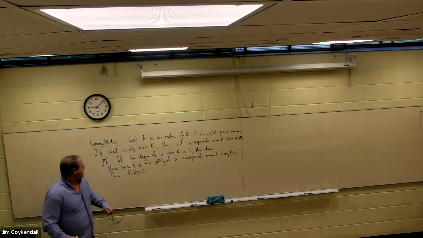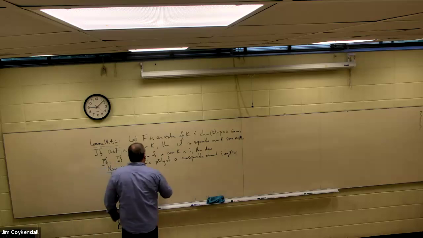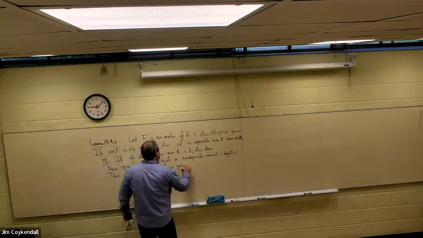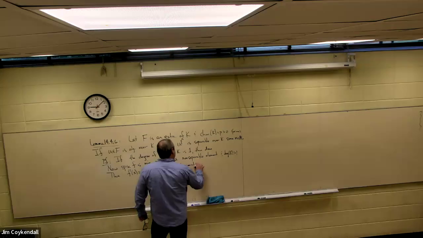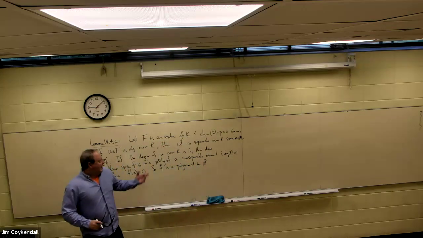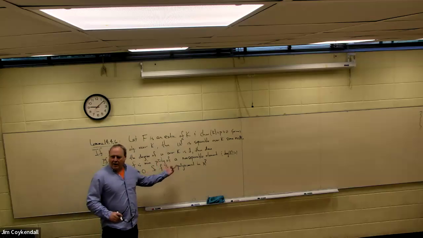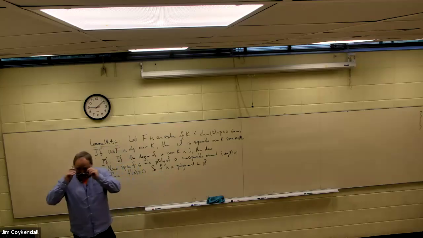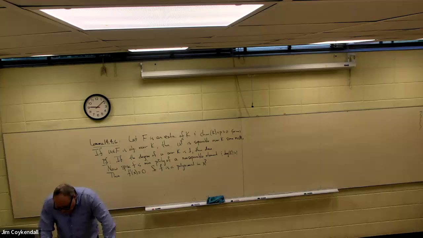Agreed? So as we discussed before, f is a polynomial in x to the p. That is, every term in the polynomial that has a non-zero coefficient has an exponent that must be a multiple of p.